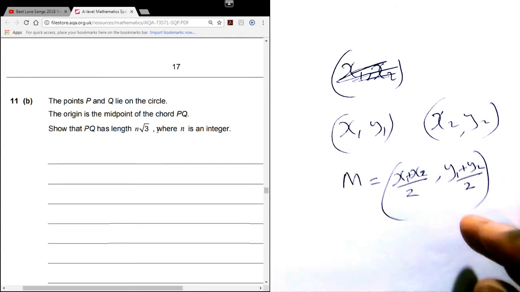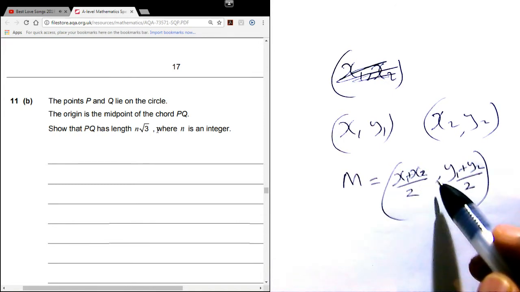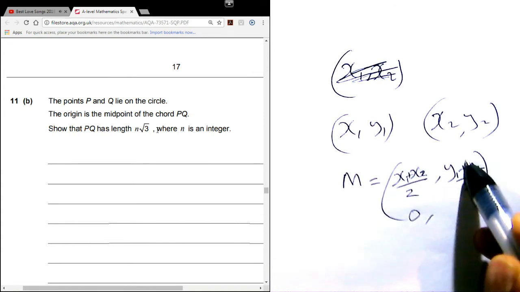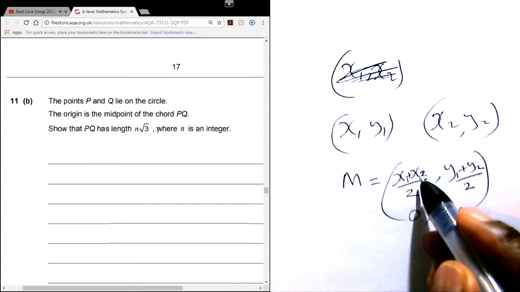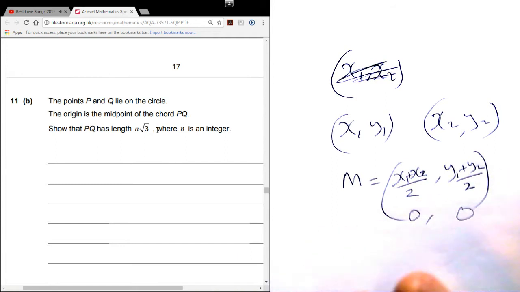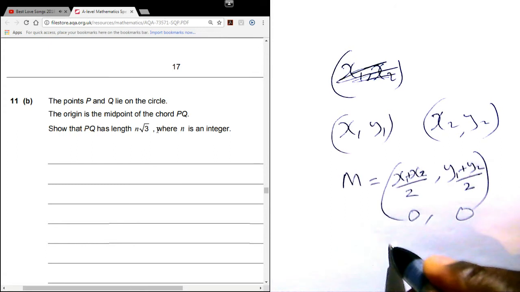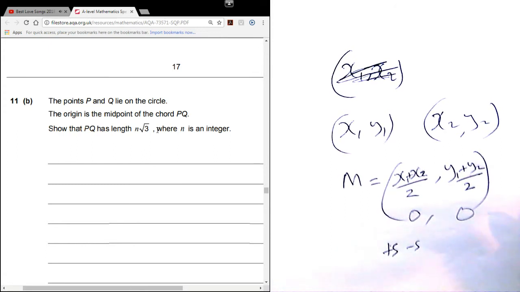So for that midpoint to become the origin, the average of the x values gave 0 and the average of the y values gave 0. That's just telling you that x1 and x2 happen to be the same in magnitude but opposite signs. So like plus 5 minus 5, plus 7 minus 7. If you take the average, you definitely get 0.